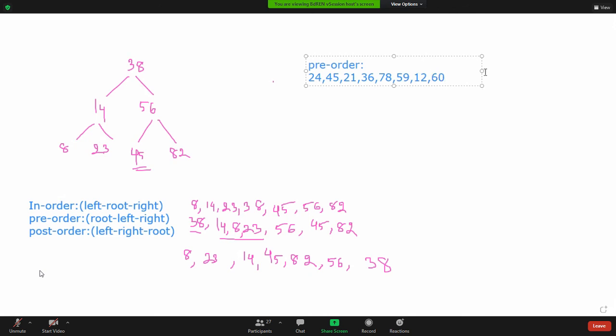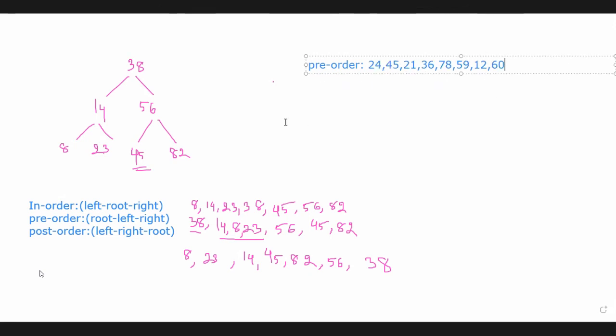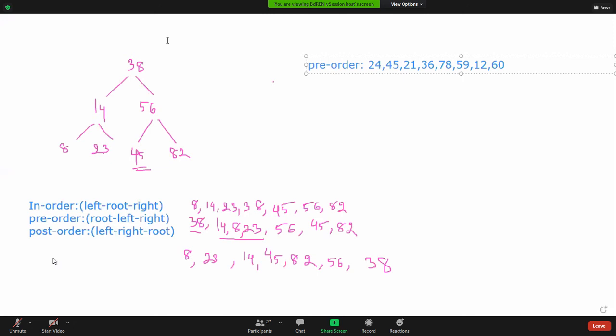Okay, so these are the nodes. How can we now create the tree? This is a pre-order sequence, right? That means the first node is always the root node.